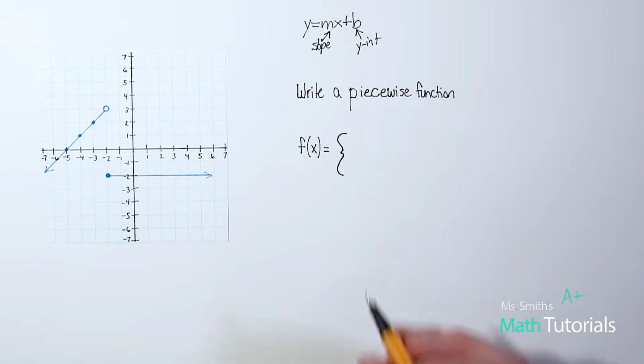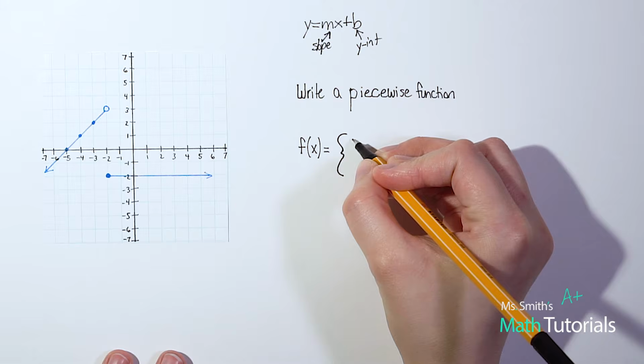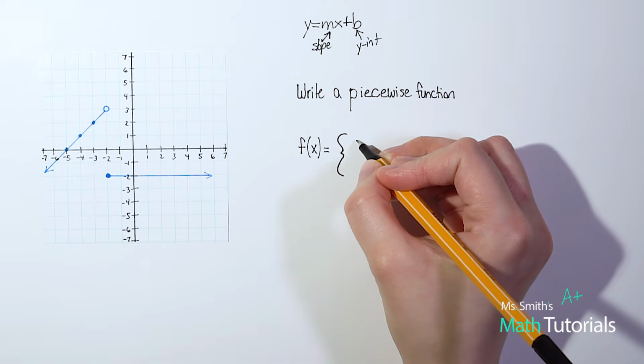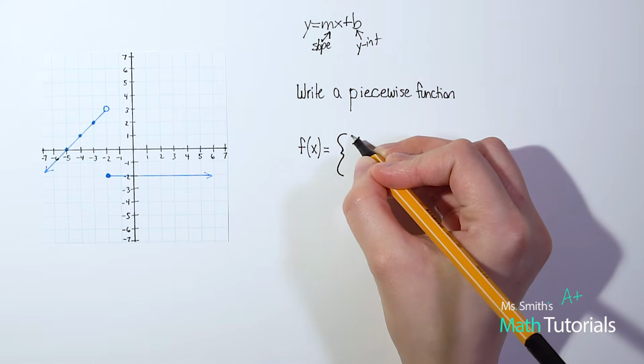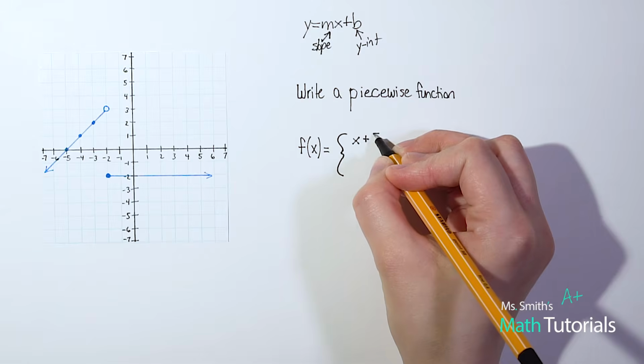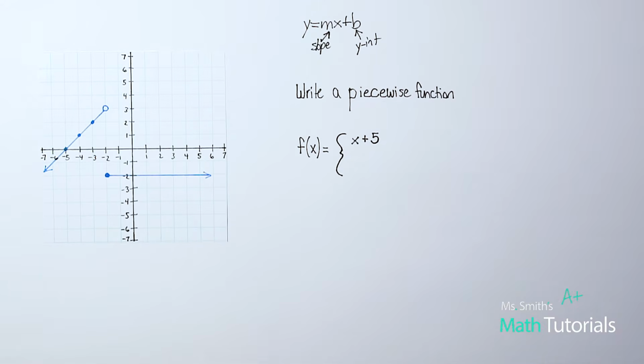Okay, so I know that my first equation is y equals mx, but we said the m was 1, so we don't have to write 1. We can just write x. 1 is understood, plus 5.